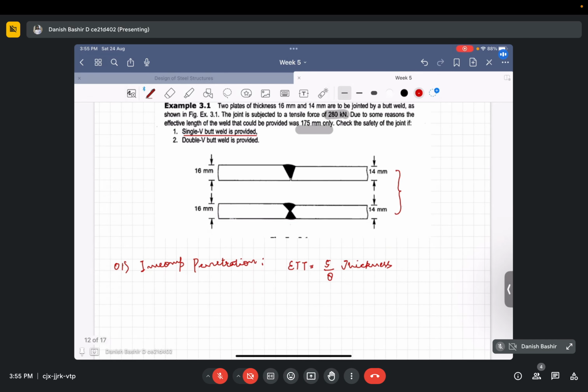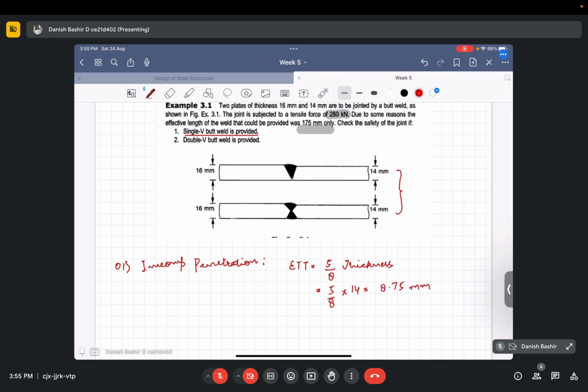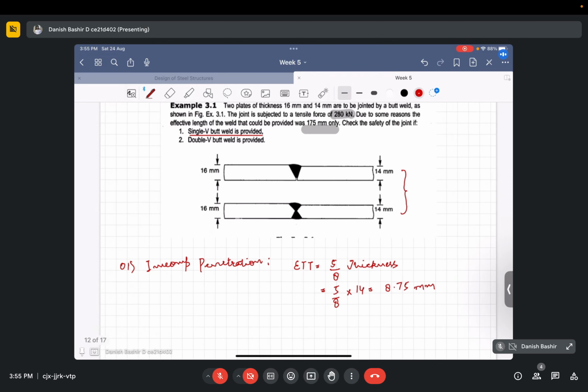So 5 by 8 of 14 comes out to be 8.75 mm. I have to take this as the effective throat thickness. And the effective length of the weld is already given as 175 mm.